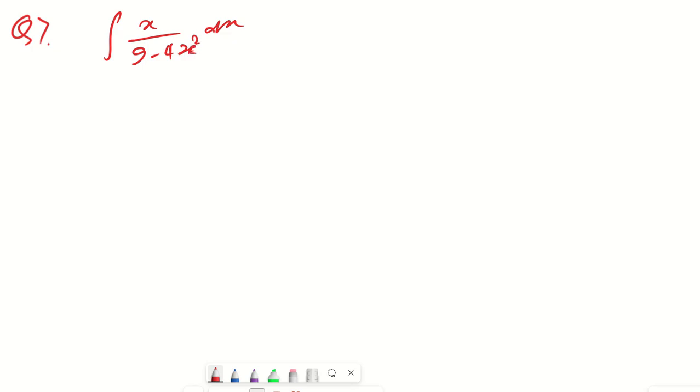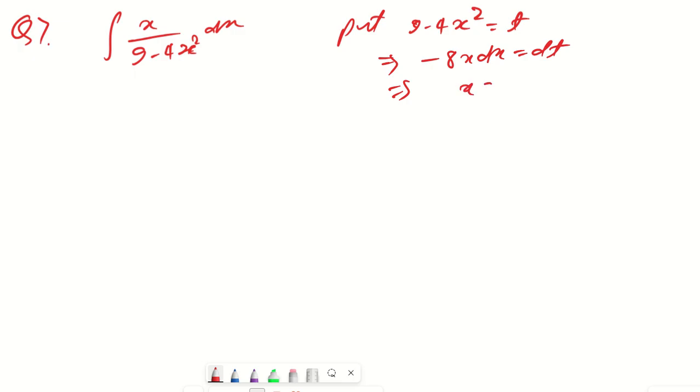You can simply replace this 9 minus 4x square by t and go ahead. So what will happen? Put 9 minus 4x square is equal to t. Then we are going to get minus 4 into 2, which is minus 8, so minus 8 x dx is equal to dt. So from here we can write it down, x dx is equal to minus dt by 8. So can we replace that?